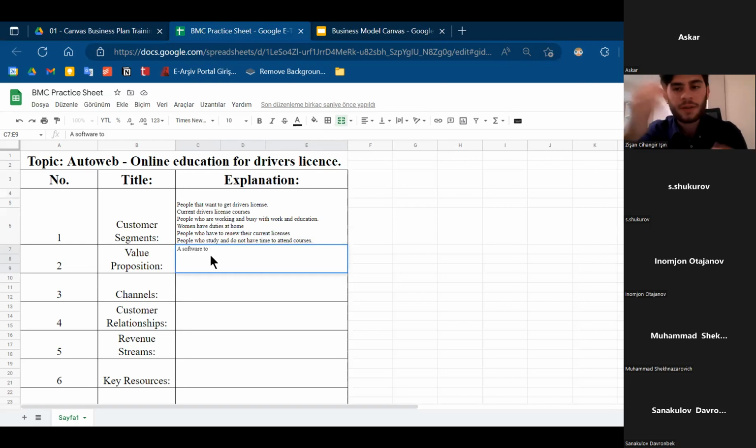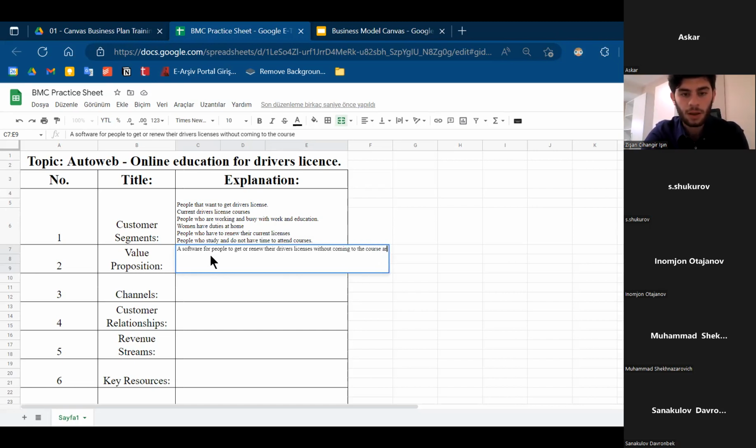Okay, could we say that the value you create is a software for people to get or renew their driver's licenses without coming to the course, and with any car in the country that they want?